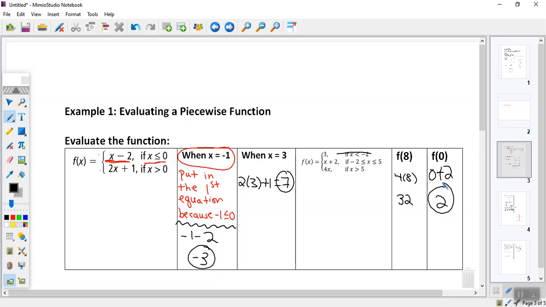Okay, I'm just going to make a note. When you are evaluating a piecewise function, step 1, check your what? What do we call these over here? Your intervals is what they're going to say. I call them parameters. We like to sound like smart people.